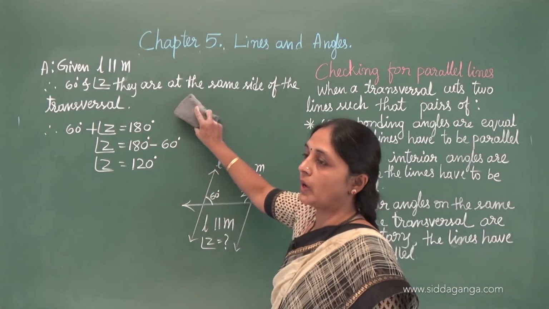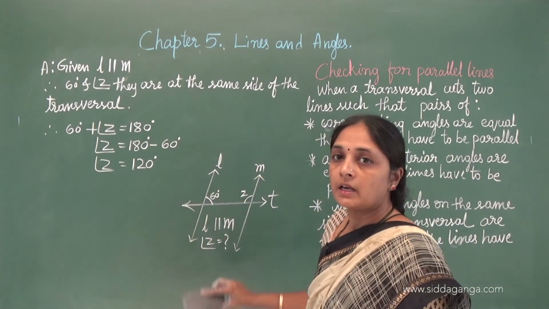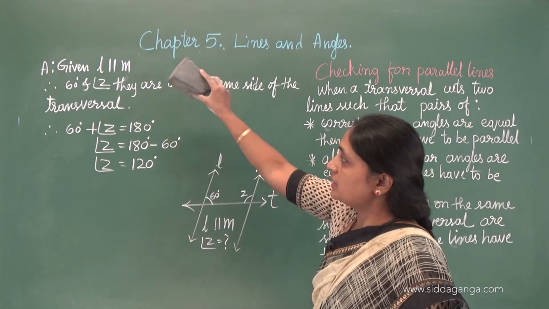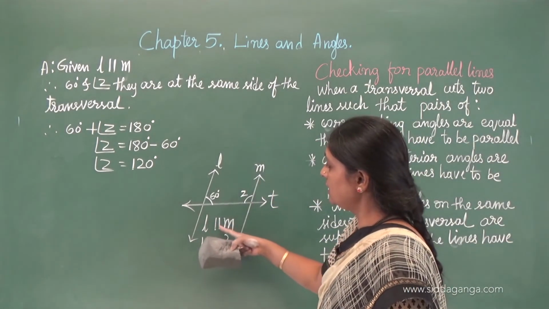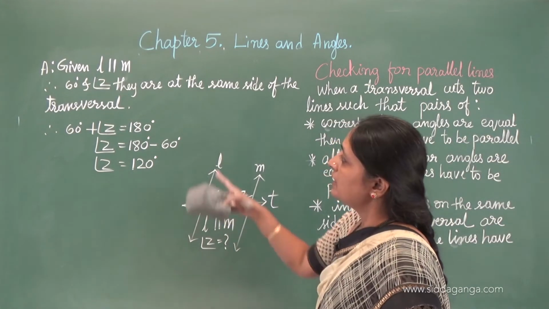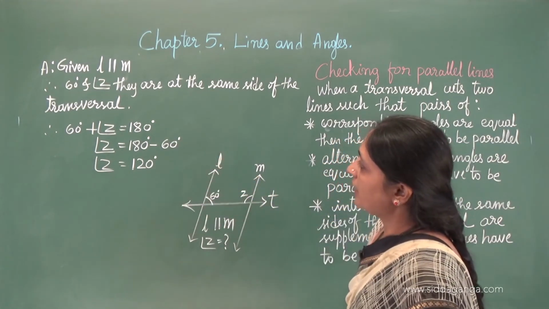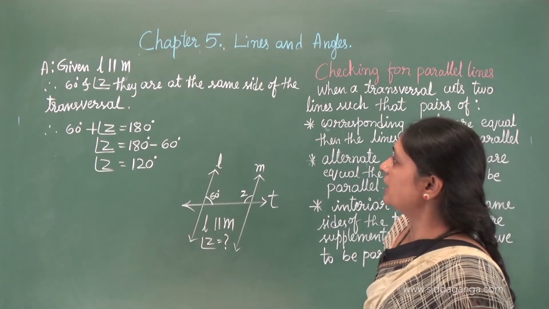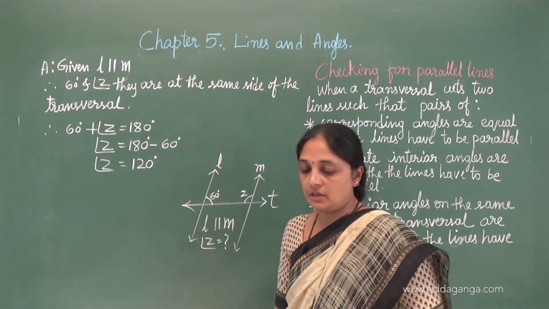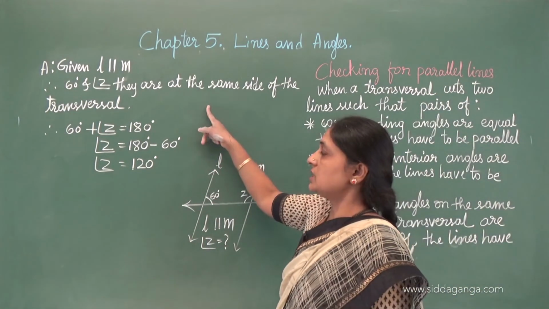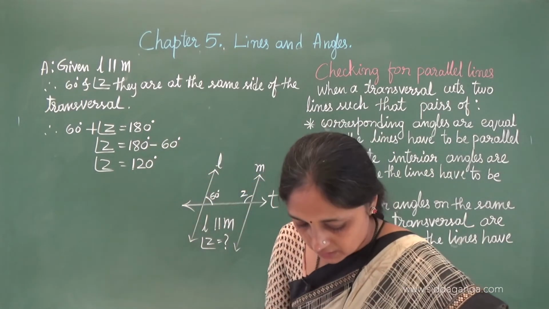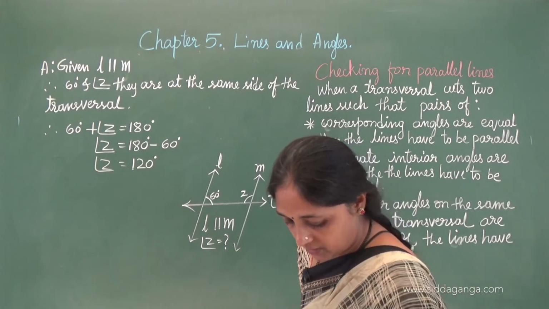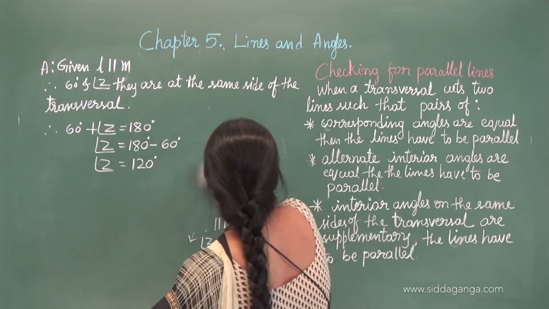Like this only you have to find the answer. First write down, given L is parallel to M. And here the 60 degree angle and angle Z are at the same side of the transversal. Then we know this statement, so directly we can do it like this. And here they have given the fifth one like this.